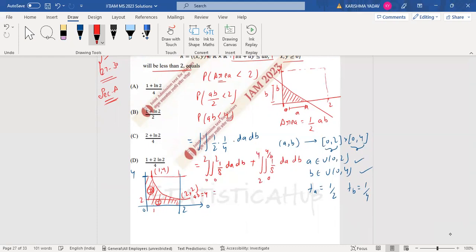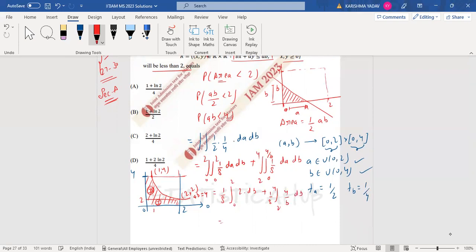Now let's solve this integration. We get 1 by 8, the integration of A from 0 to 2, times the integral of dB from 0 to 2, plus the integral from 2 to 4 of 1 by 8 times 4 by B dB.